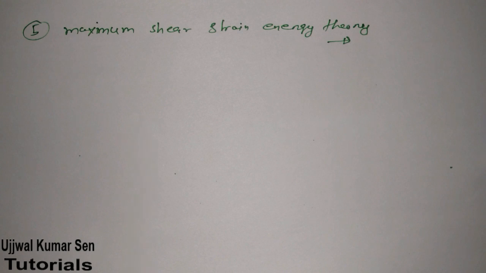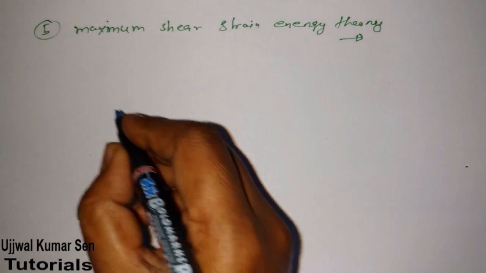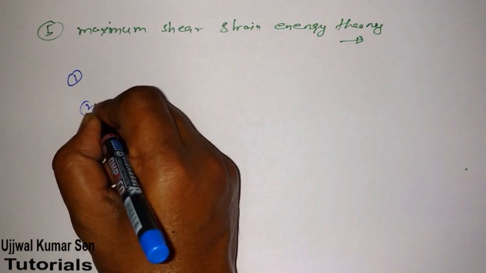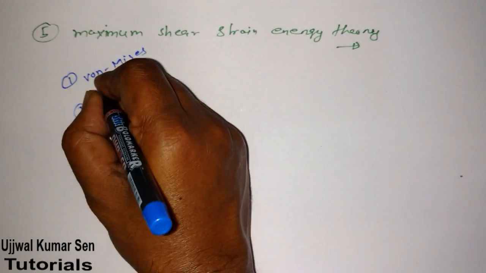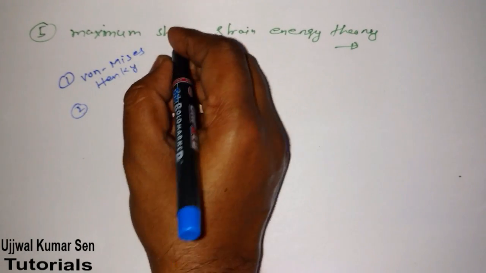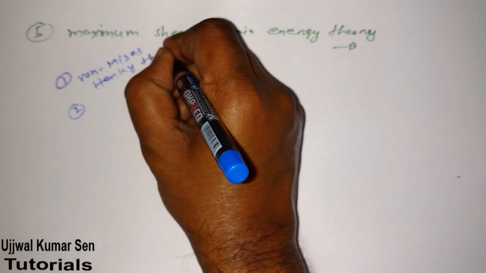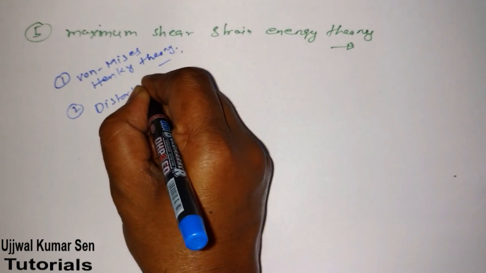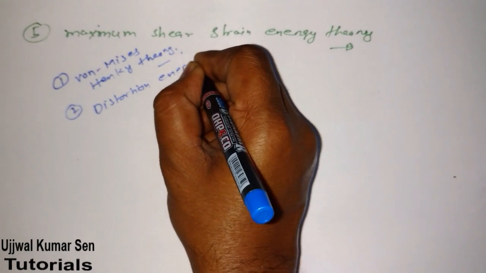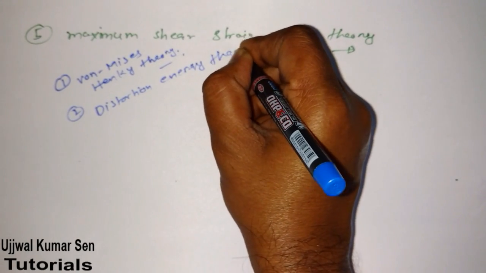So are you looking for this theory or not? I hope you wanted to learn this theory, right? Then what are you waiting for? Just let me share it with you. This theory has 3 names, and the other 2 names are here. One is von Mises, Hencky, H-E-N-C-K-Y, Hencky theory, and another name is distortion energy theory.